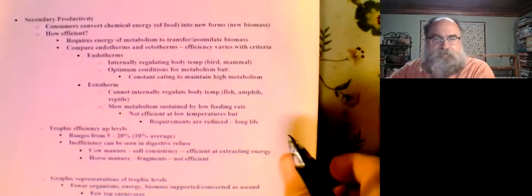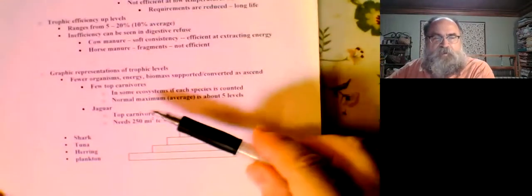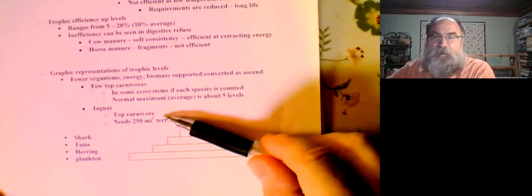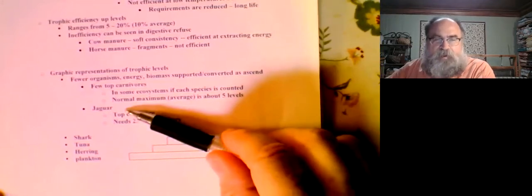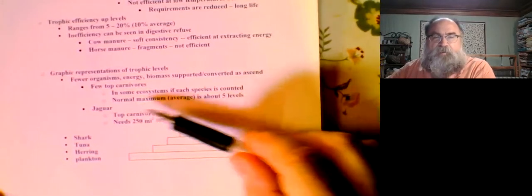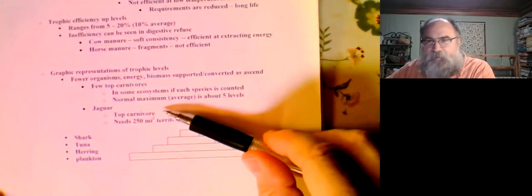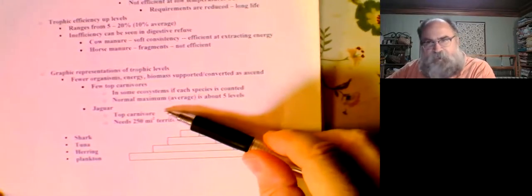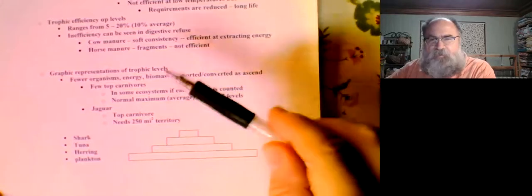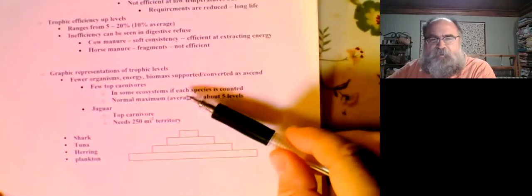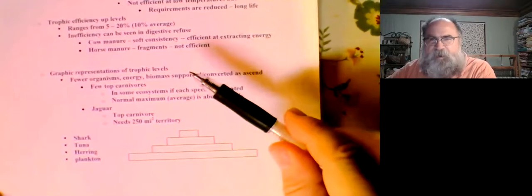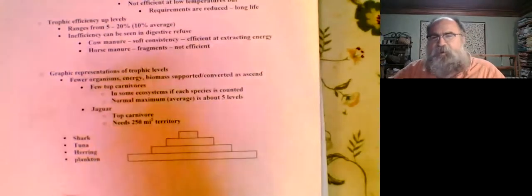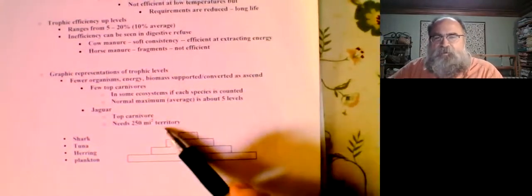then one of the things that we need to be aware of is we really can't have too many top carnivores. And so here, the jaguar. We look at the jaguar, or a mountain lion or something like that. A top carnivore, it's at the top of the food chain, like 3, 4, 5 levels up, trophic levels. And when you're up that high, the pyramid of mass, of what you can eat, has gotten so small that you need this huge territory.